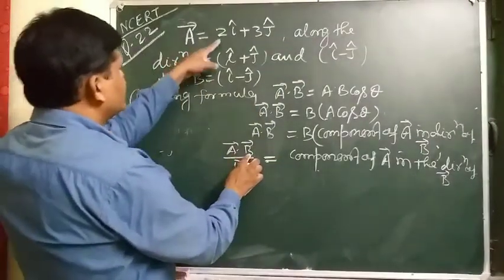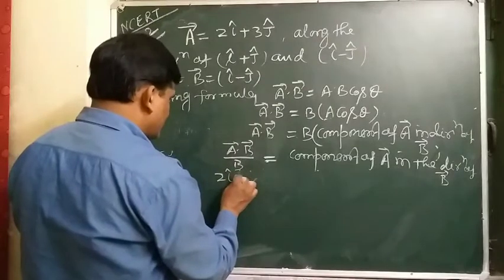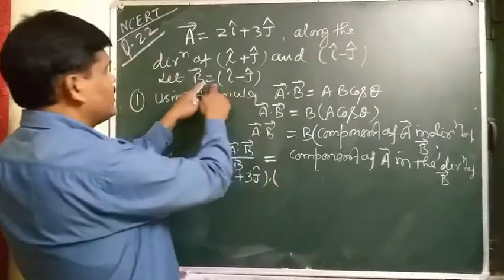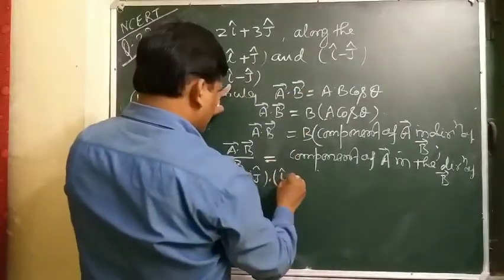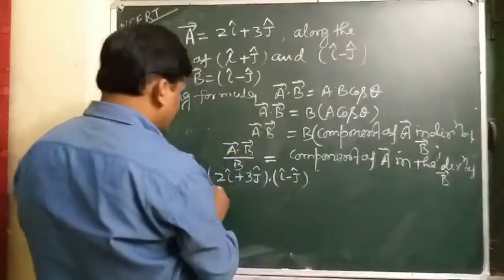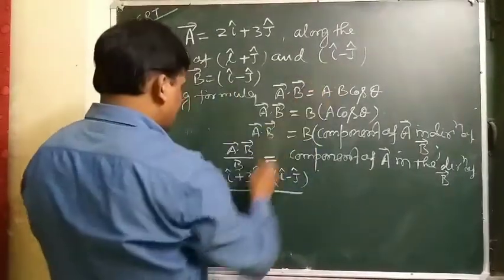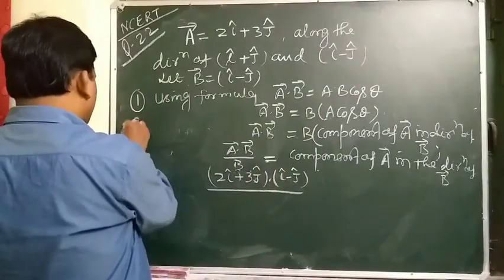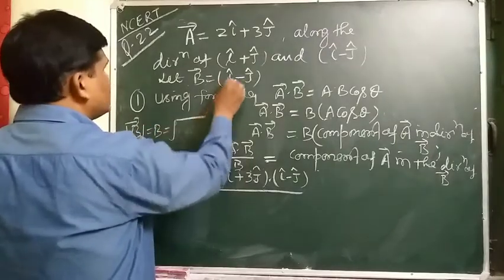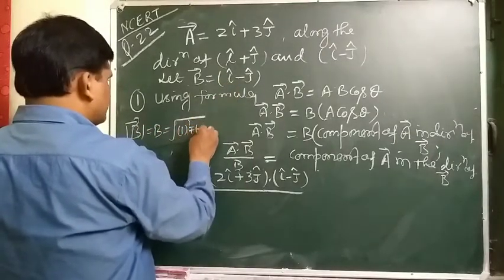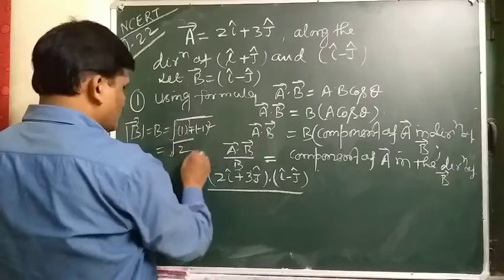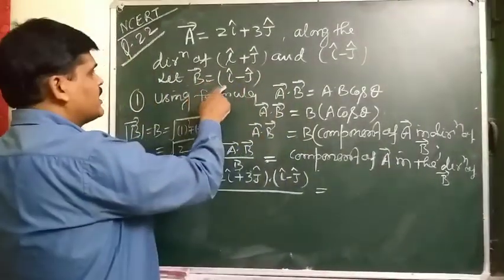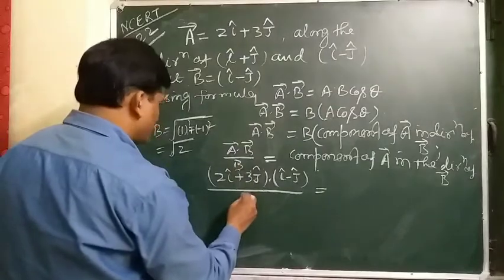So A dot B, that is 2i plus 3j dot B, here changed to i cap minus j cap, and magnitude of B again comes out to be 1 square plus minus 1 square, that is root 2. So the component of A in the direction of B, here the second B vector, i cap minus j cap, is divided by root 2.